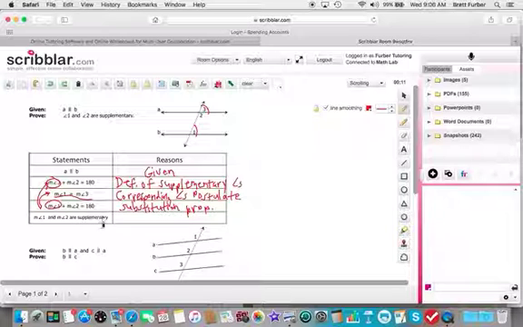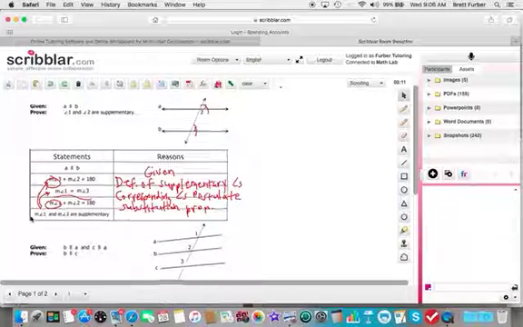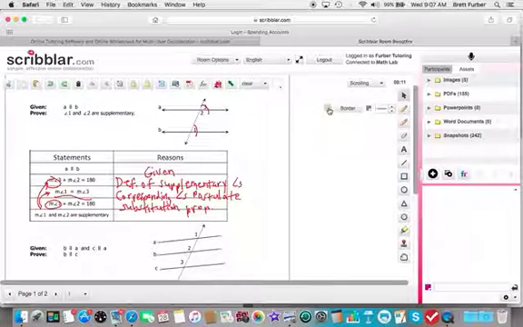So we have already now said that the measure of angle 1 plus the measure of angle 2 equals 180. Anytime that you have two angles that add up to 180, that means that they are supplementary.